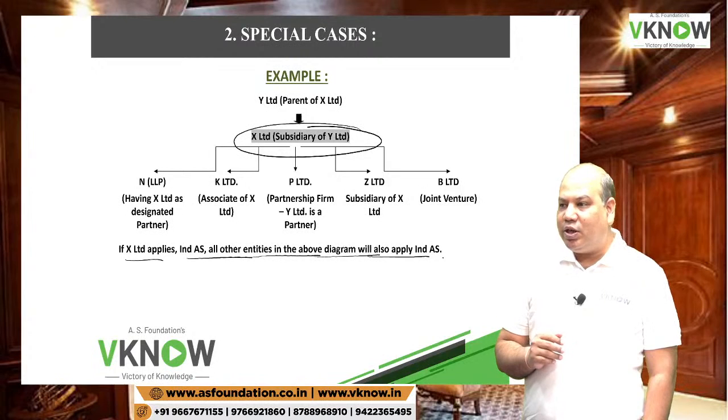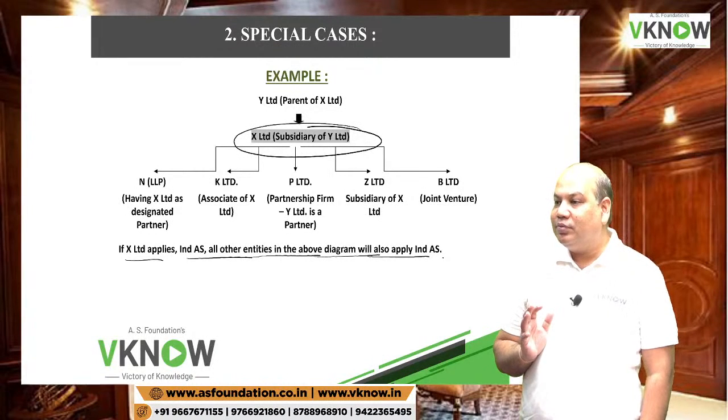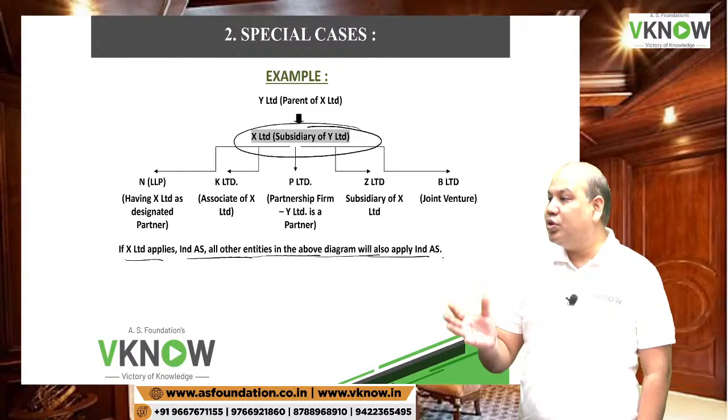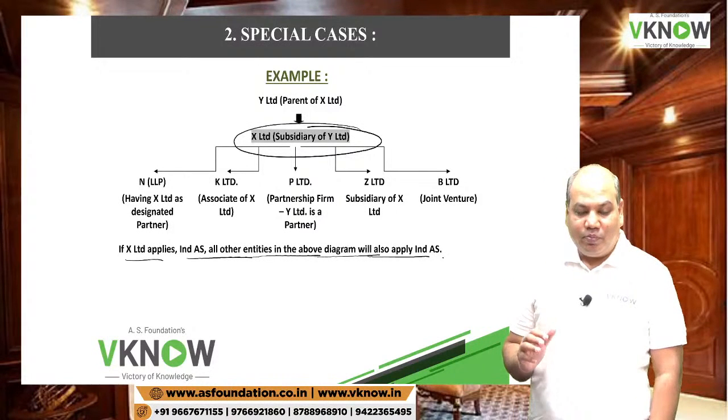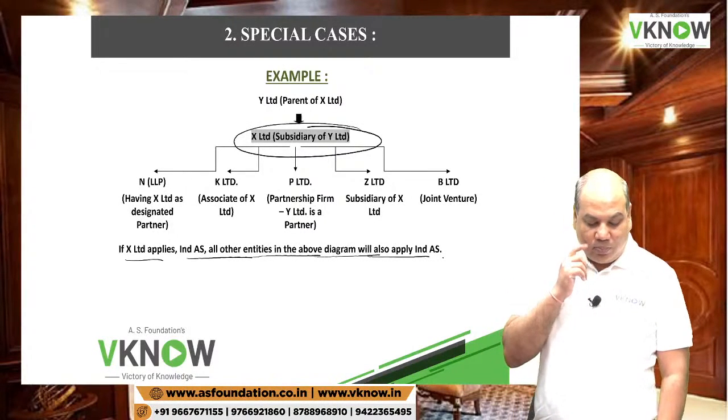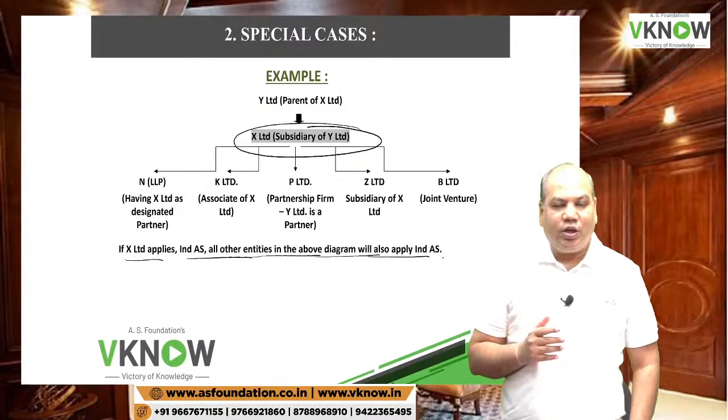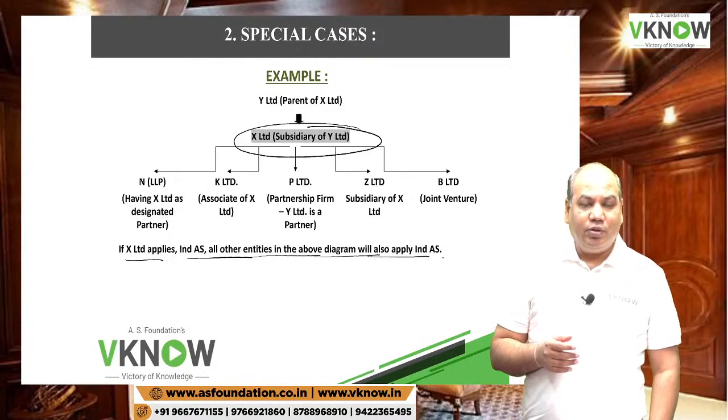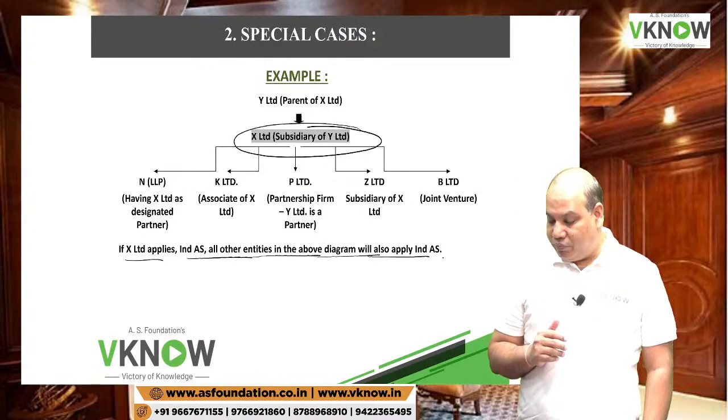Reliance has, let's say, 100 plus subsidiaries, and all those subsidiaries will apply. Larsen and Toubro has many subsidiaries, if not 100, say 15, but those 15 will also apply.